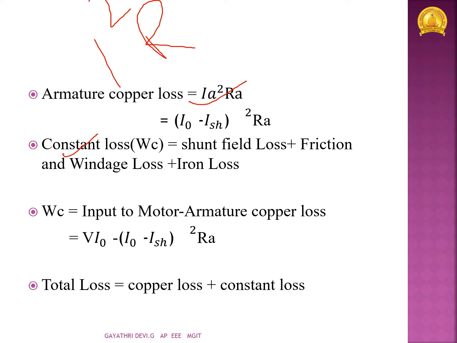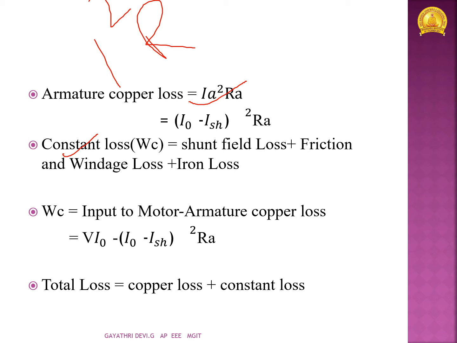So we can directly calculate the constant loss by subtracting the armature copper loss from input to the motor. So constant loss can be written as WC. WC is equal to input to the motor minus armature copper loss.